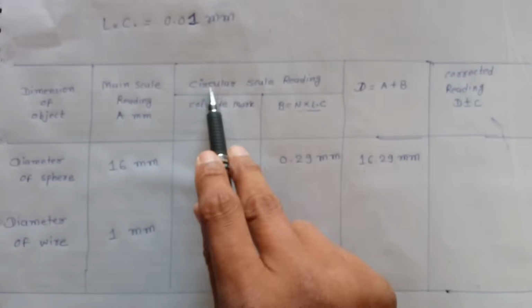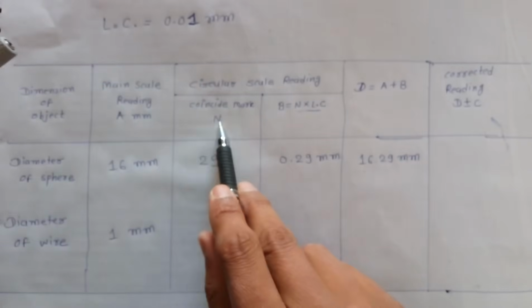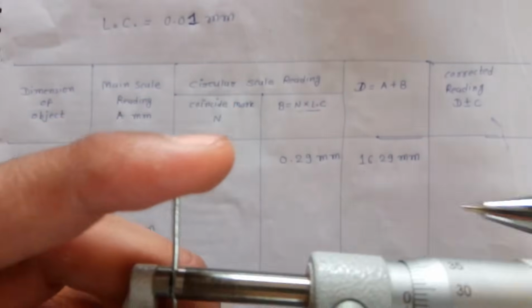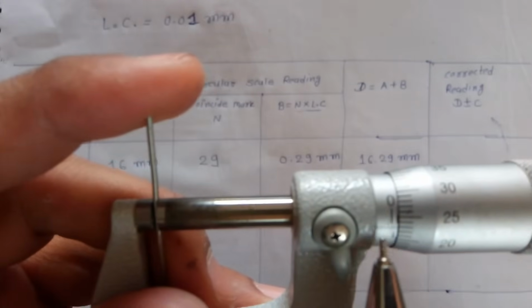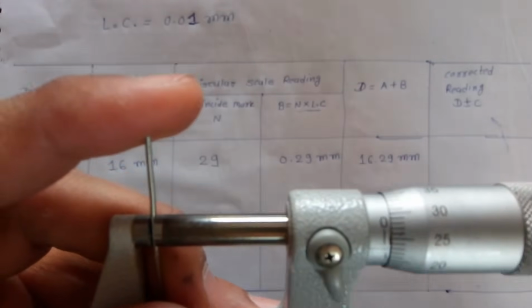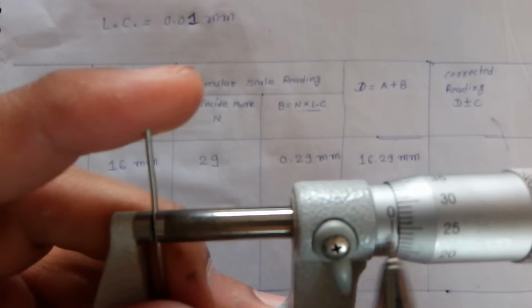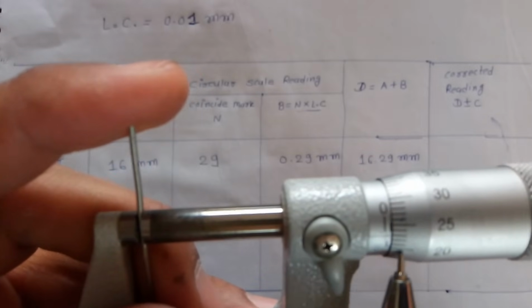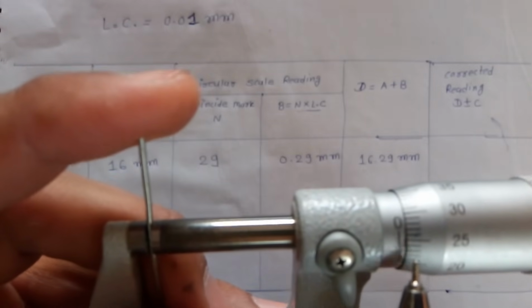Now the circular scale reading, where is the coincide mark n? Coincide mark means which mark on the circular scale exactly coincides with the baseline. There is 20, 21, 22, 23.